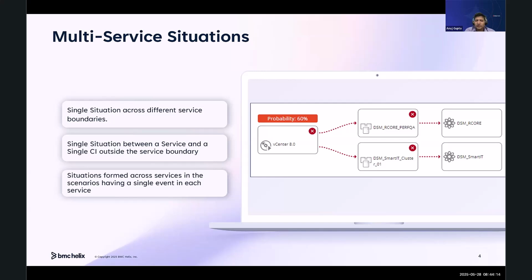So, multi-service situations. As I mentioned, we continue to do the event correlation, but now it is across the board, across the CIs, across the services, so long as there is a topological connection.